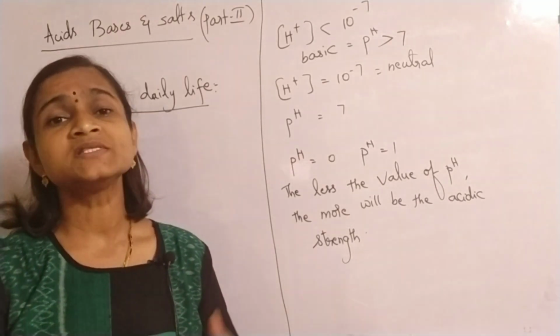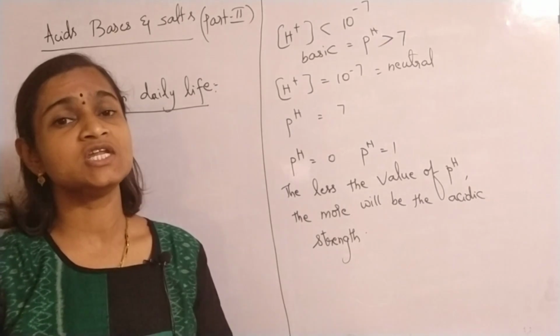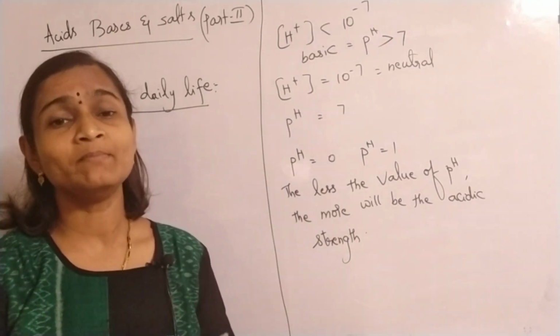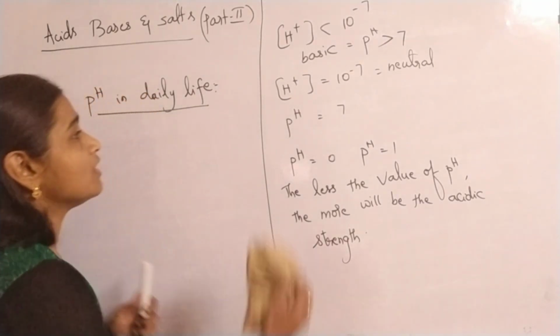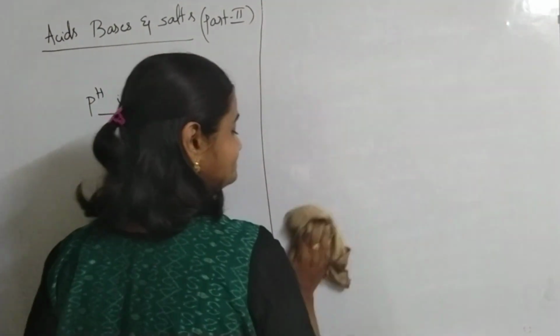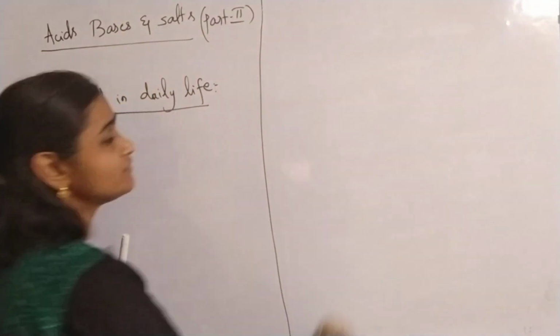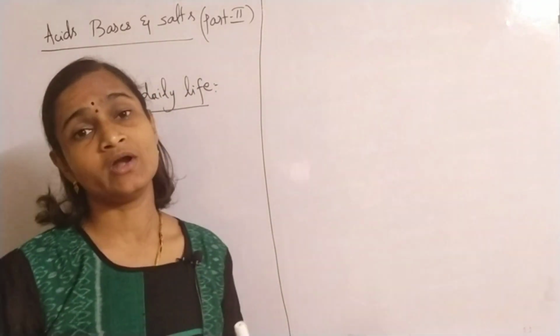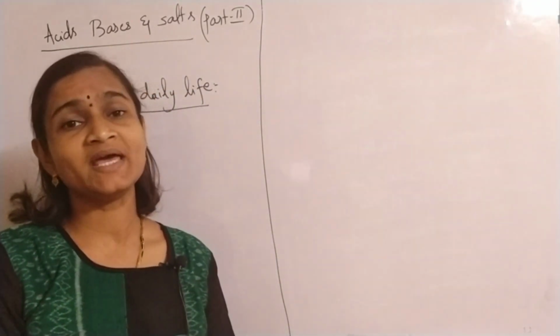Sometimes we feel a burning sensation in our stomach. Why do we feel a burning sensation in our stomach? That is because of acidity in our body. Then what is meant by acidity?